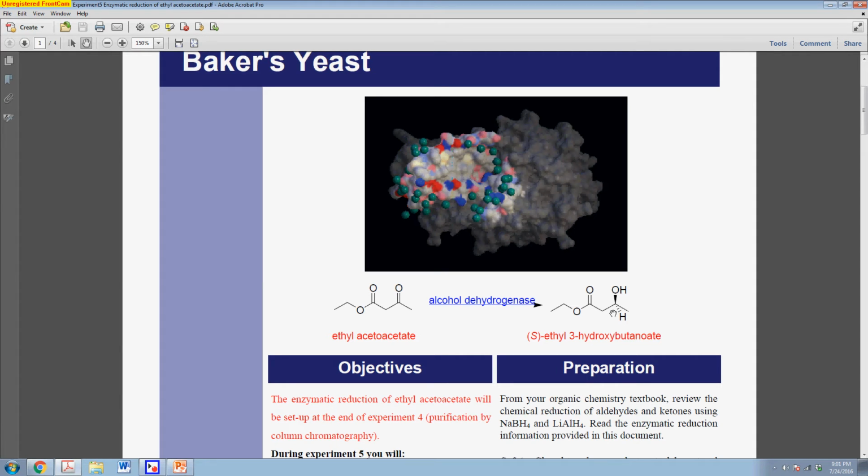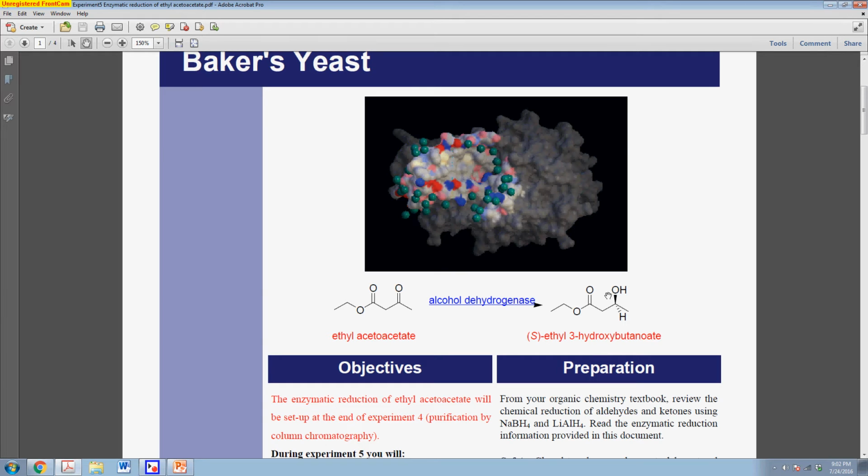There's a couple key things to keep in mind here. The first thing that's important to keep in mind is that the reaction that's being catalyzed is a reduction, right? So we're reducing a ketone to an alcohol. Another key thing to be aware of is that we are generating a chiral center during this reduction of a ketone to an alcohol, and as denoted in this scheme, this is going to be a chiral reduction.